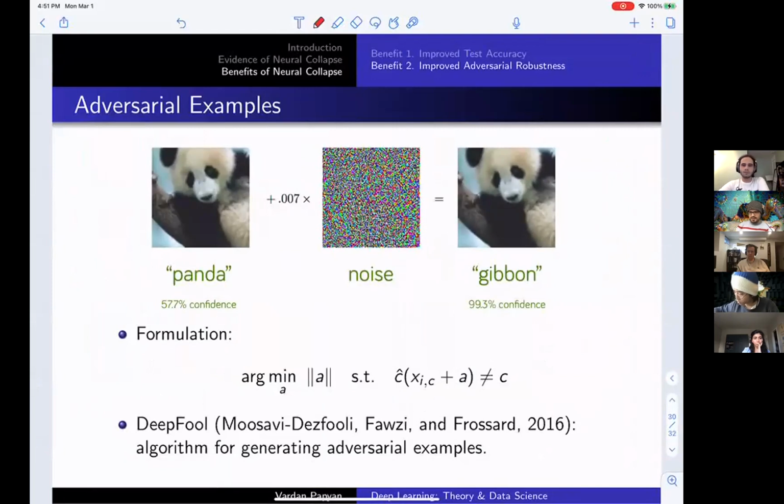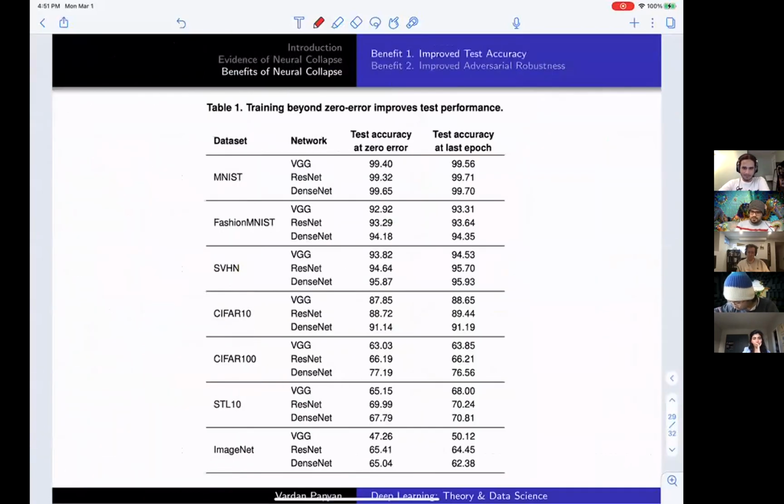Okay, so if you remember, oh, let me show you this first. So this table shows you how big the test accuracy is at 0 error compared to how large it is at the last epoch for various architectures.